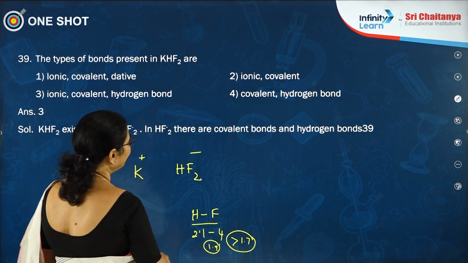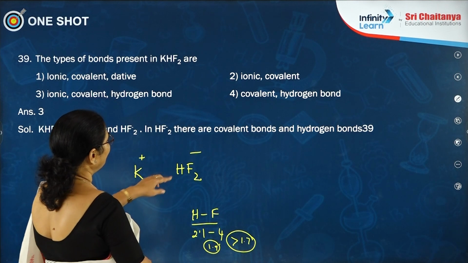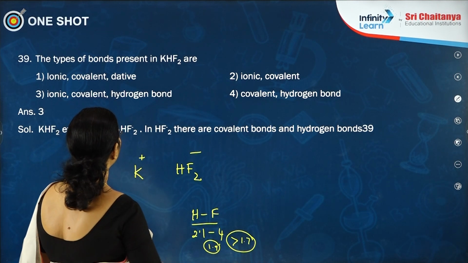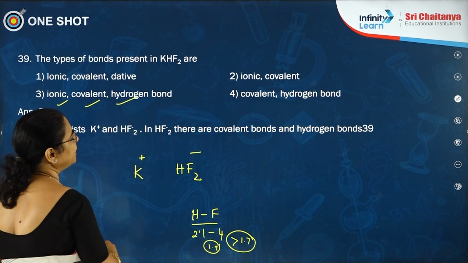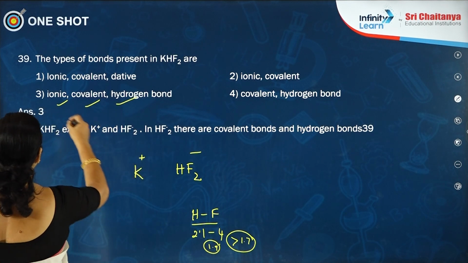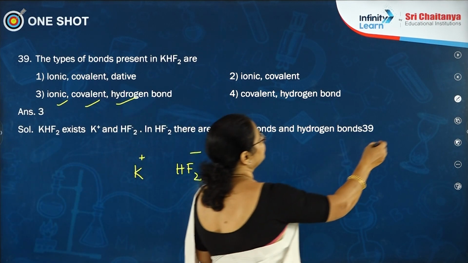Only in HF covalent is there. In HF2 minus, there is a hydrogen bond. So ionic, covalent and hydrogen bond, all 3 types of bonds are present in this molecule.